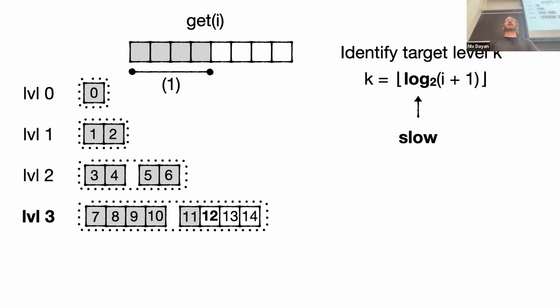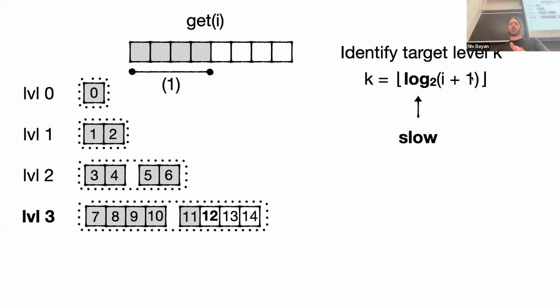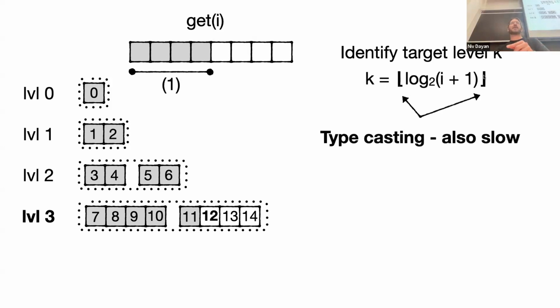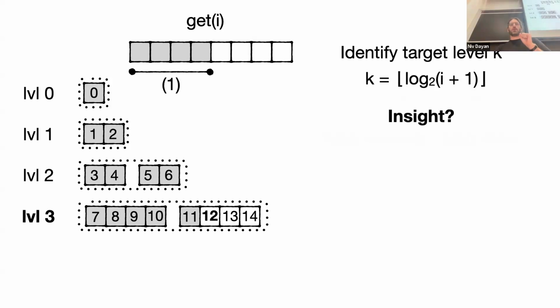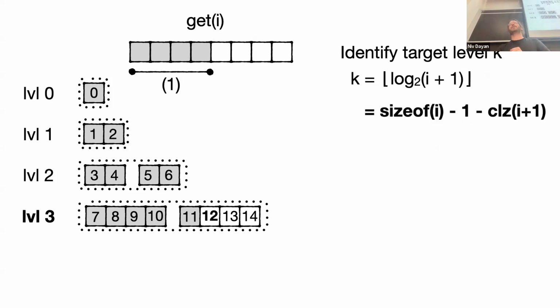Okay, so with that insight in mind, the first problem is the log. The second problem is this typecasting. That's not ideal for performance as well. Let's get rid of both of these. And you gave the correct insights. Log base 2 actually just amounts to finding the index of the most significant bit of an integer, right? And we can do that in the following way.